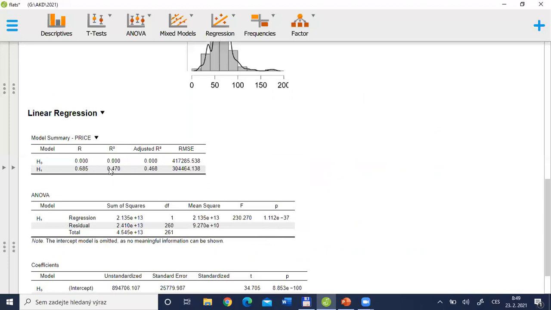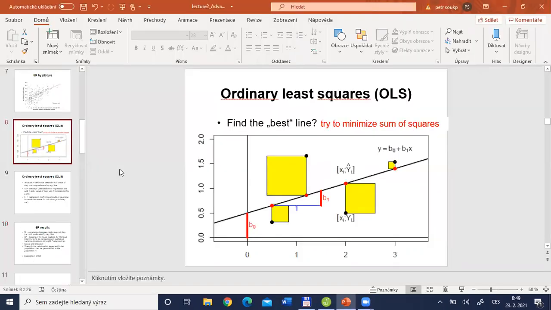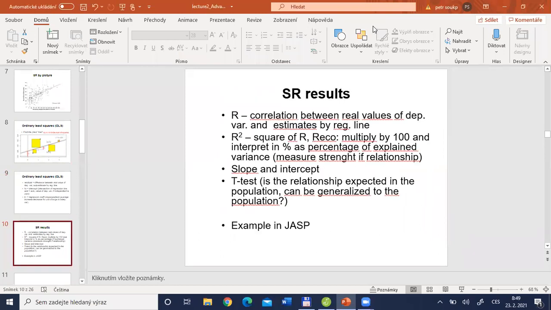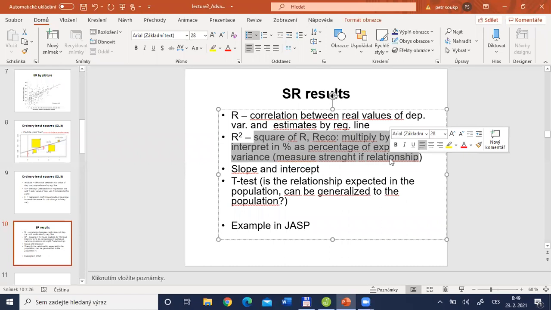If you square it, it is 0.470. And the classical interpretation for this R square, also written here in the presentation, is that you multiply by 100 and interpret in percentages as the percentage of explained variance.